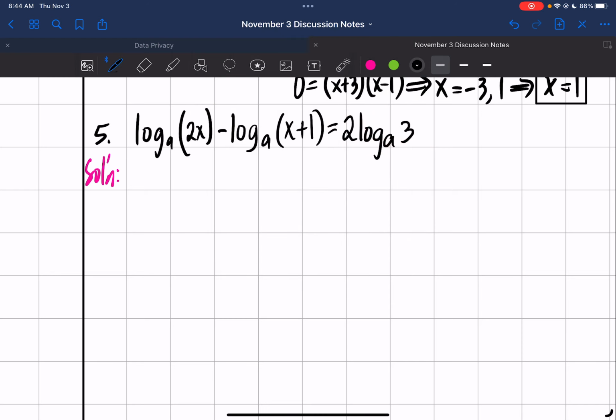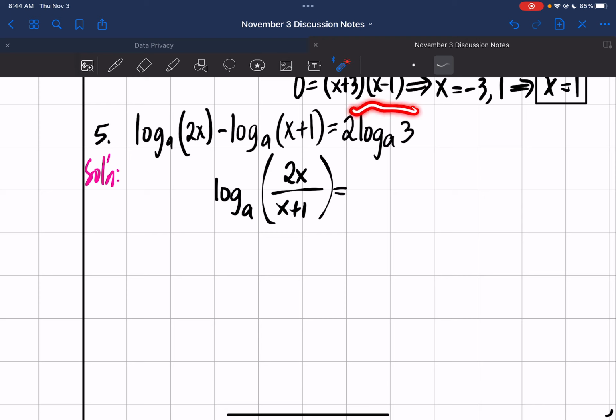So let's start with the left. Since we have a difference here, what we'll use is the quotient rule. So this becomes log of 2x all over x plus 1 base a. And on this one, class, since we have a logarithm multiplied by a constant, what we'll use is the power rule.